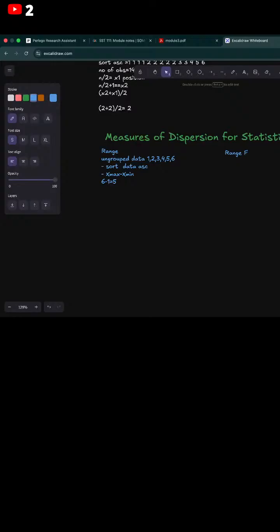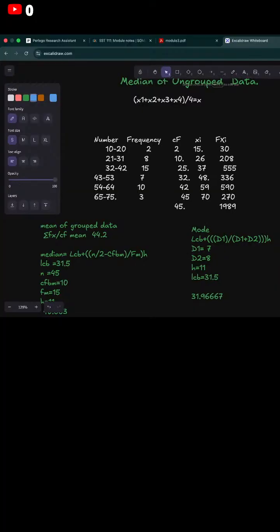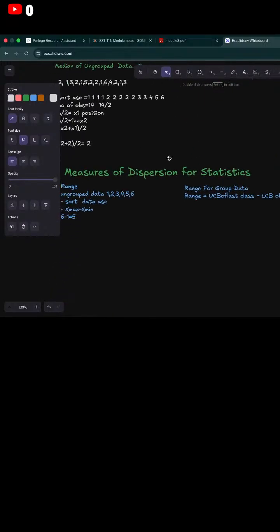Range for grouped data, we have its formula as that. Let me check for an example and we try it here. Let's copy this and paste it here.